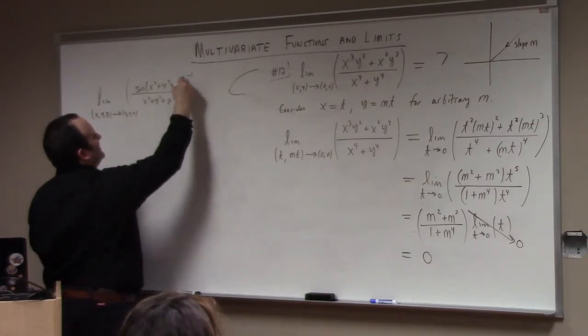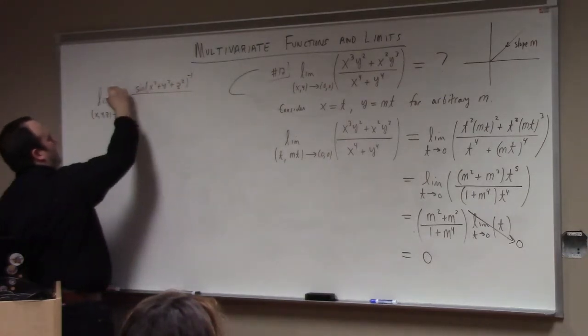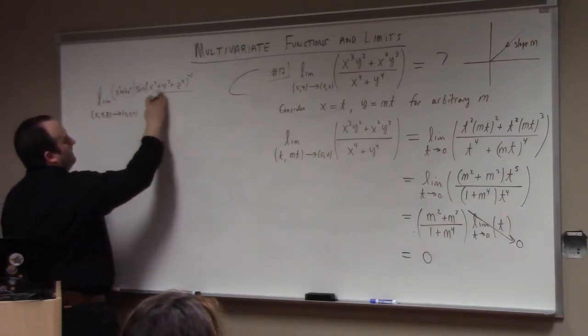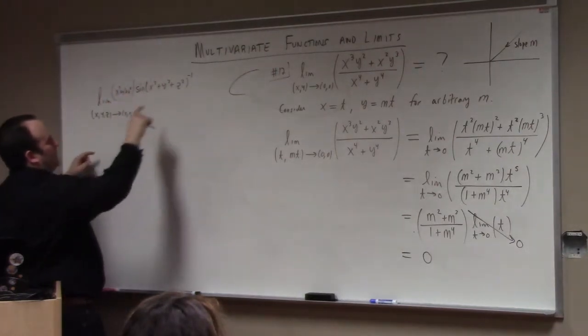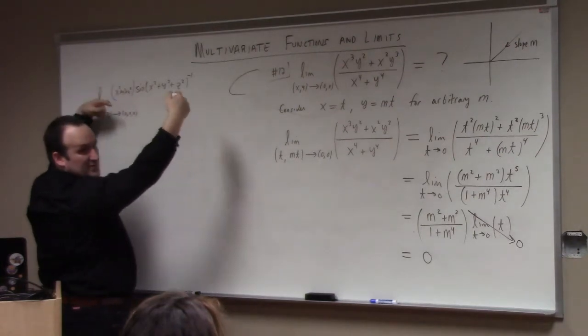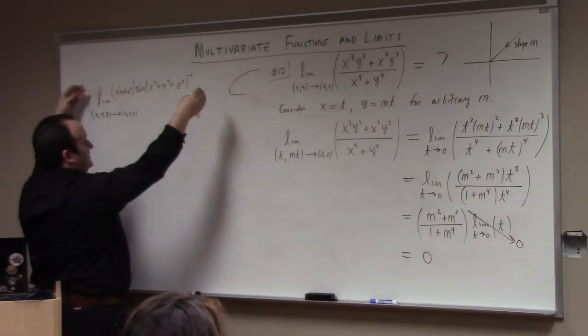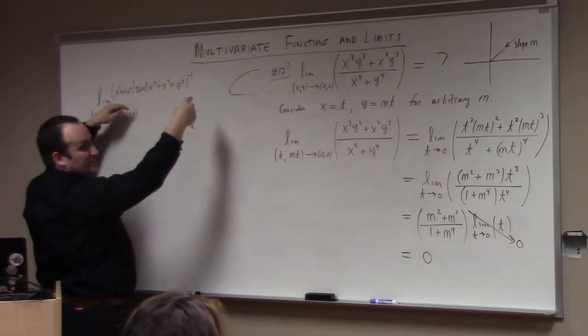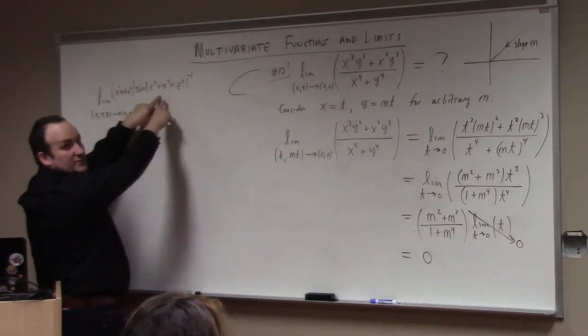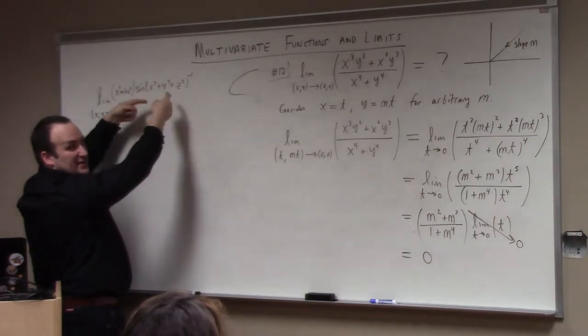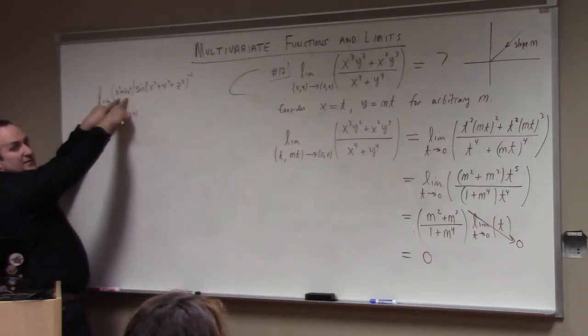The trouble with this is that the first factor goes to 0 as you approach the origin. This function oscillates like lots and lots of oscillations. As this goes to 0, sine goes through infinitely many cycles. At the same time, that goes to 0.